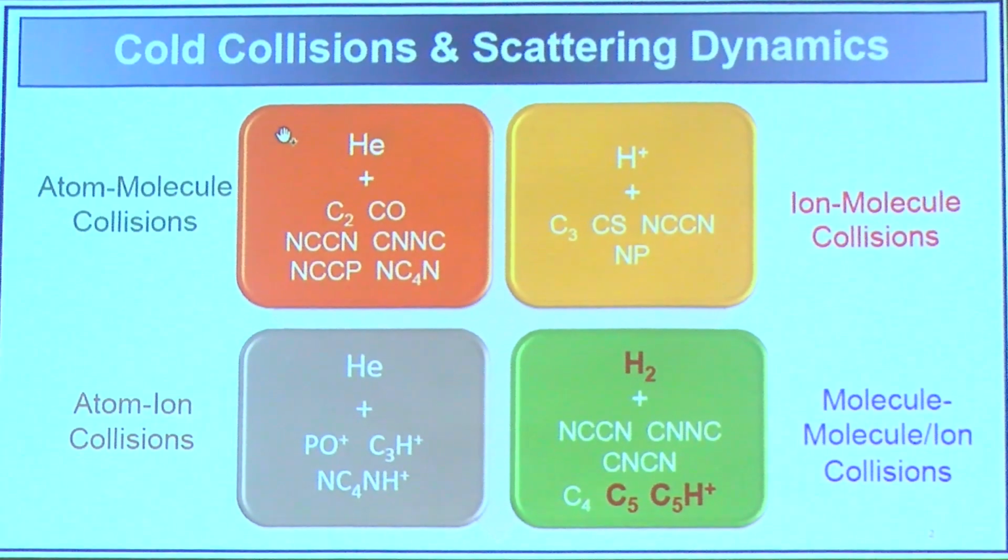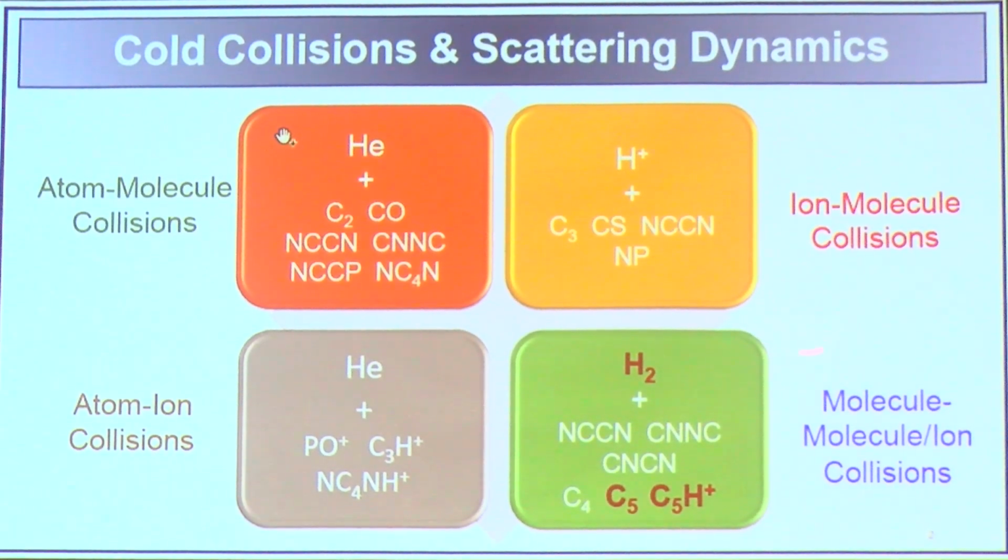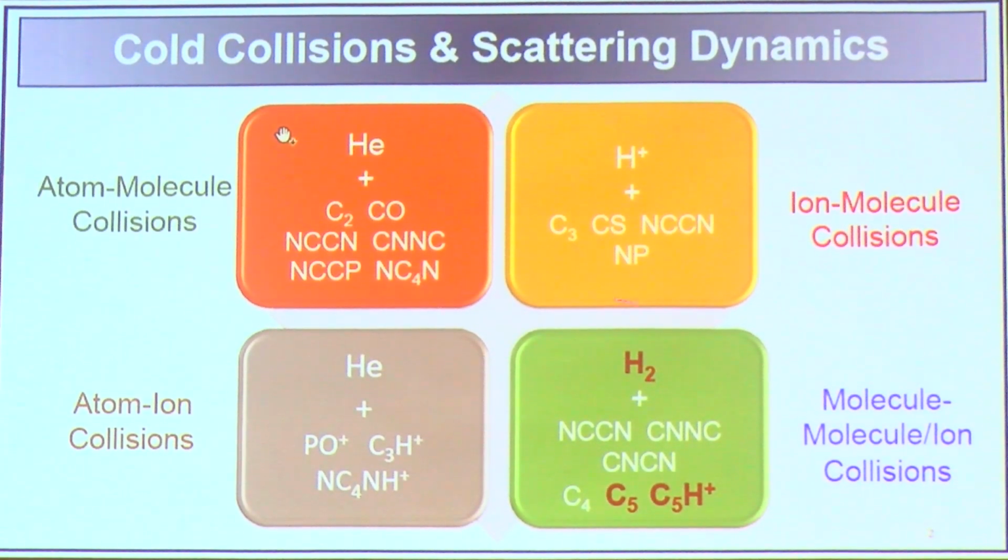So I'm working on cold collisions and scattering dynamics, specifically atom-molecule collisions, atom-ion collisions, ion-molecule collisions, and molecule-molecule collisions. Our motivation is based on the ions or molecules detected in space, in the ISM.